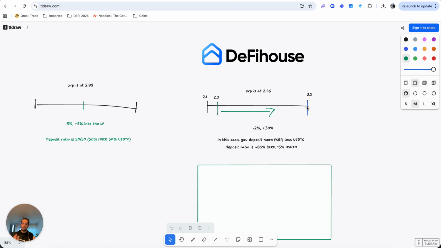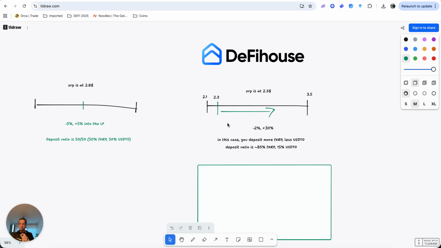You just have to really think before you execute into the DeFi liquidity pool what you're going to be doing, what's your strategy. If your strategy is to deploy only XRP and just set a big range, set and forget, and just stack more Fxrps from the fees as the XRP goes up, right? Then it's a good strategy to deploy it like that.